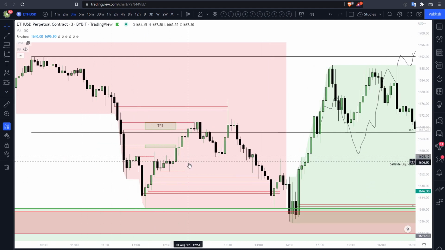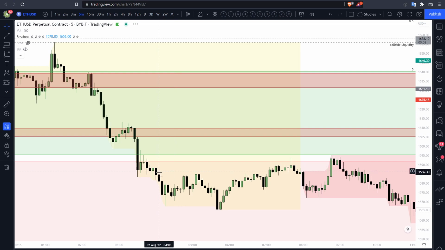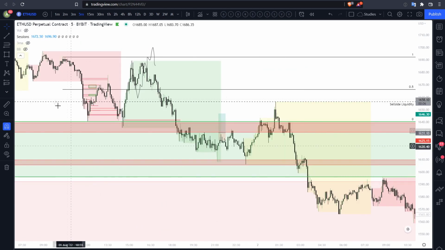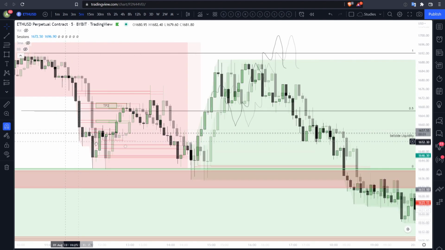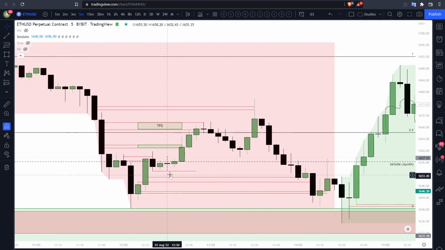Now, one thing that I could say is that perhaps if we would be looking on another time frame, then maybe there are some gaps that did get filled, or at least filled partially.